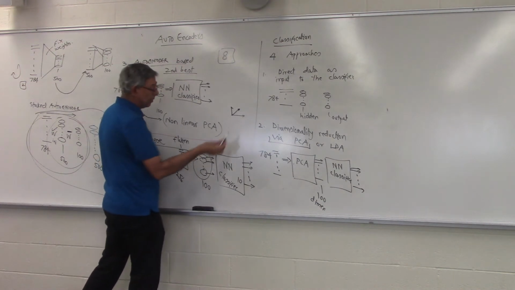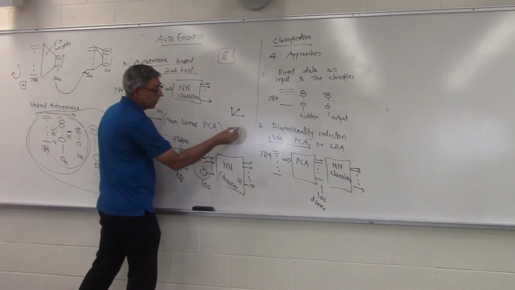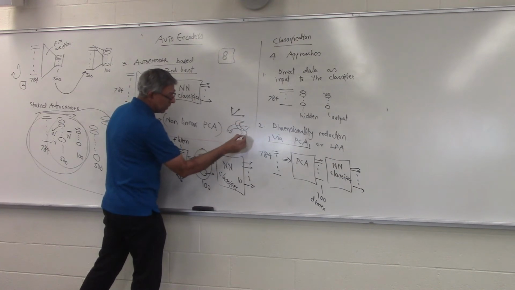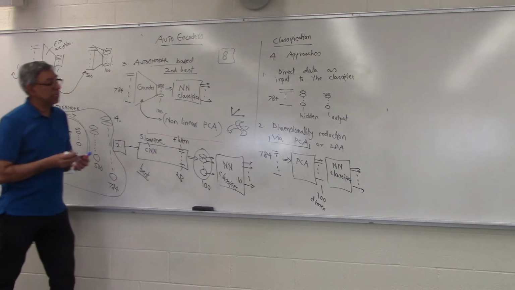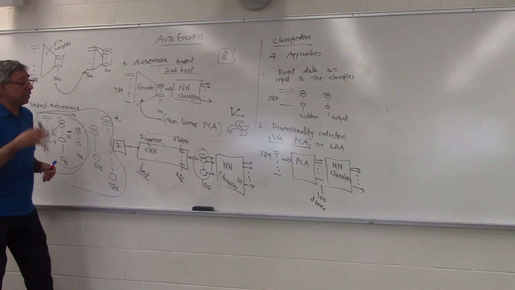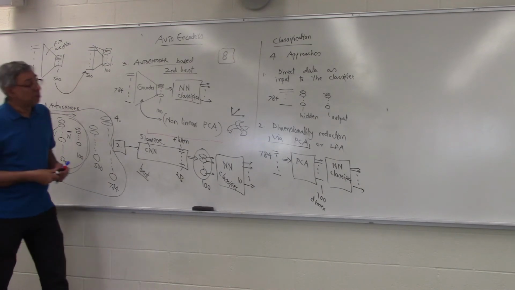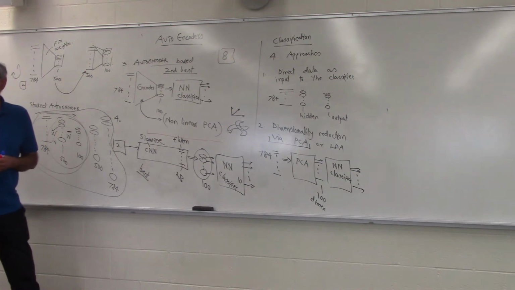But a nonlinear PCA also produces orthogonal things, but these are surfaces, meaning here could be one surface, then here could be another surface. So it maintains the nonlinearity while keeping orthogonality. So it is better than the traditional or linear PCA.